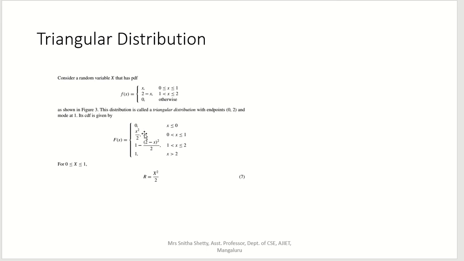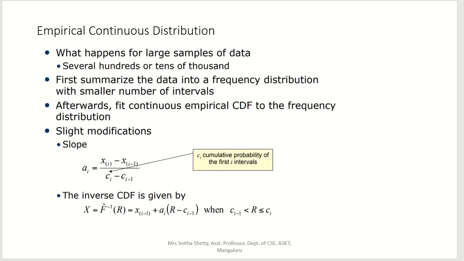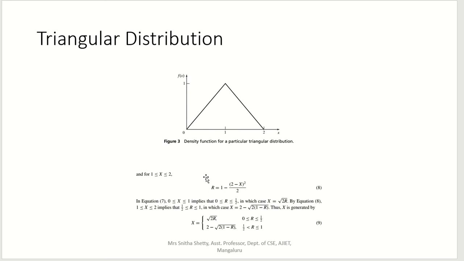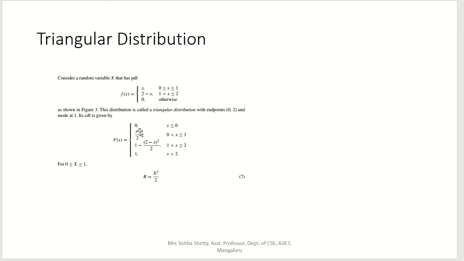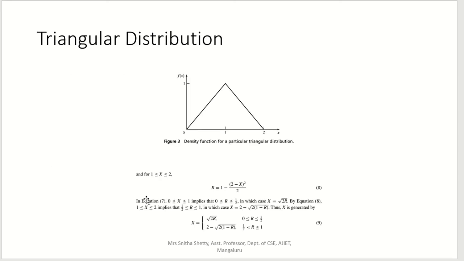So in step 3 of the algorithm, you should compute r is equal to x square by 2 as well as r is equal to 1 minus (2 minus x) square by 2. Are you getting this? Since there are two CDF formulas, r becomes x square by 2 and one more r is 1 minus (2 minus x) square by 2.